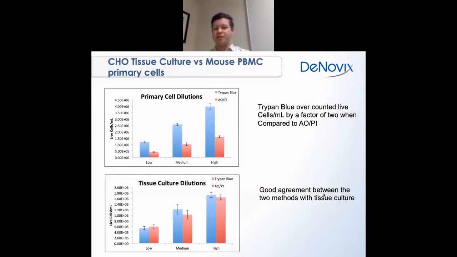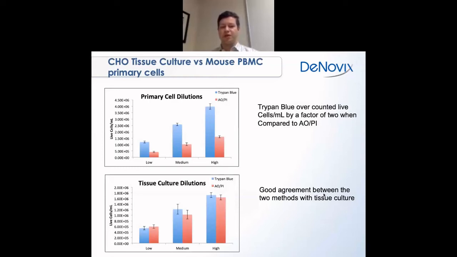So we have done some studies on this. Other people have done studies on this. There's literature available that trypan blue overcounts in our hands by a factor of 2 when compared to AOPI when you're looking at a primary cell dilution. So lymph nodes, blood cells, you're overcounting by a factor of at least 2 with trypan blue. When you're looking at tissue culture, you see much less of a difference.